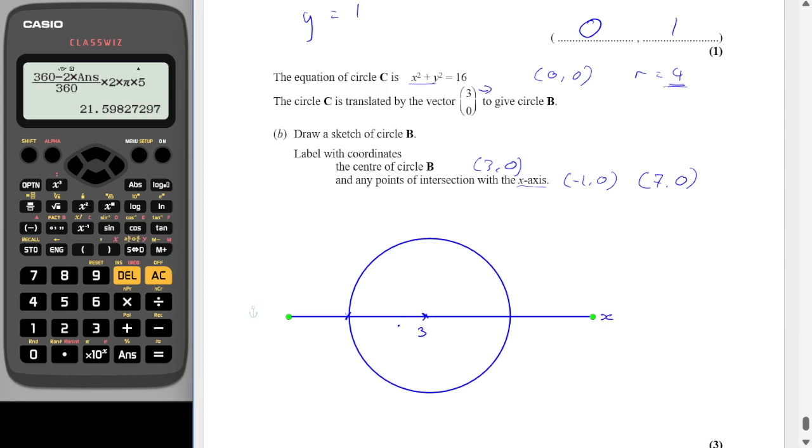And then we've got a value here of -1 and a value here of 7. And then I'll put my y-axis in. I don't have to put the intersections on the y-axis. I thought for a moment we might have to, and we could work them out using a bit of Pythagoras, but it doesn't ask for them. So there we go.